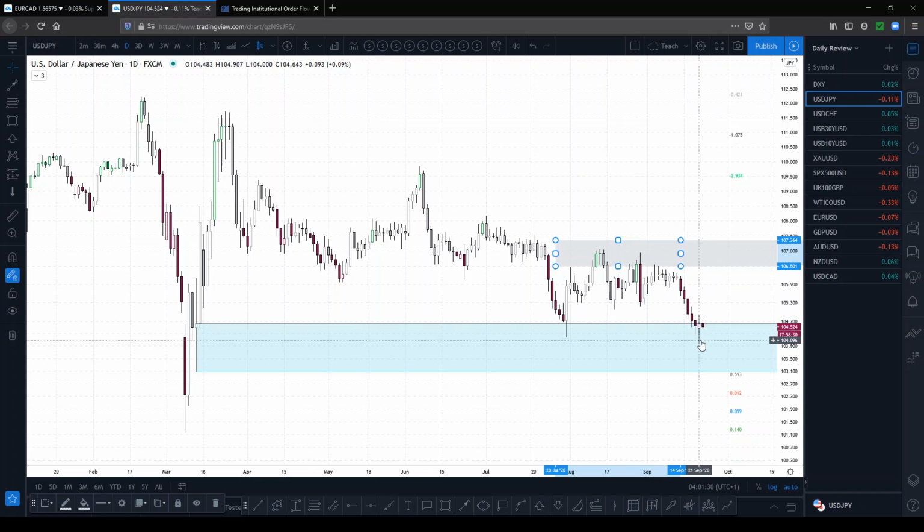Now they've pushed in deeper. So if that pattern were to continue, where we continue to have these lower highs coming in here, one would have to assume that this area would be an area of interest, looking for supply zones.